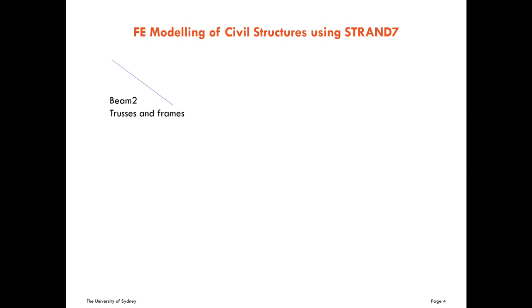So you have the Beam2 element that represents mostly trusses and frames. It's used for trusses and frames. So this element has two nodes. This is the linear element. It's called a linear element because it's just one-dimensional.